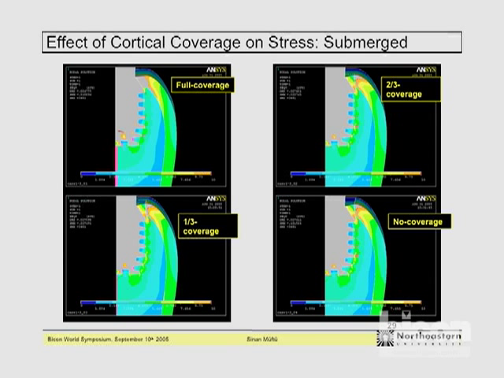So that means the coverage level of the cancellous bone really doesn't matter that much as long as there is cancellous bone. But if we can develop cortical bone here, then that makes a difference.